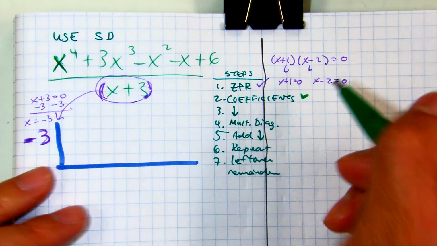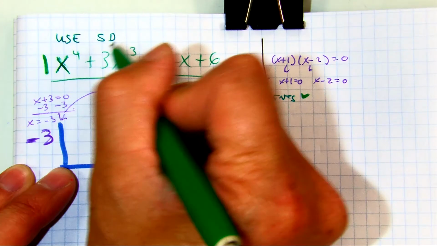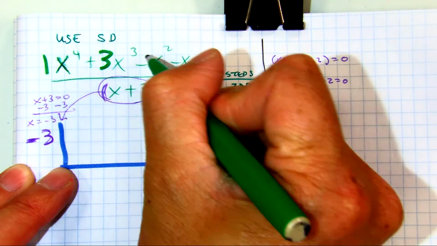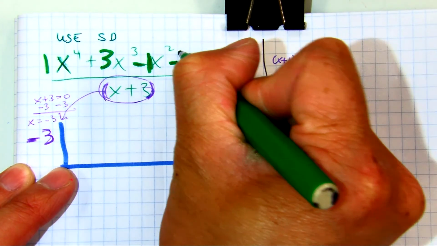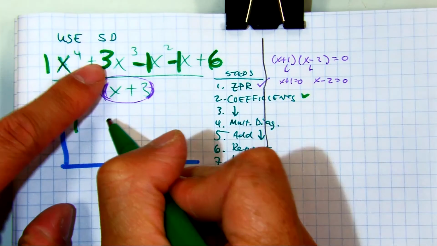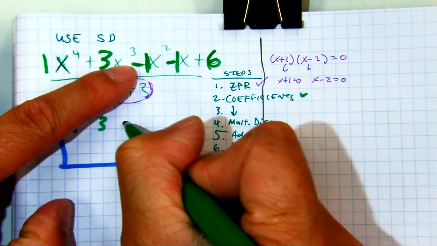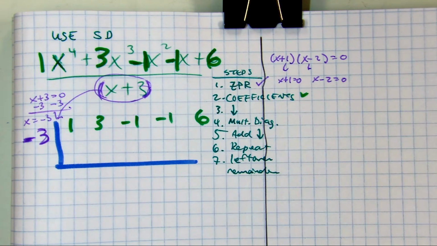So look, the number in front here is what? 1, 3, negative 1, negative 1, and 6. Coefficient is just the number in front of the variable.